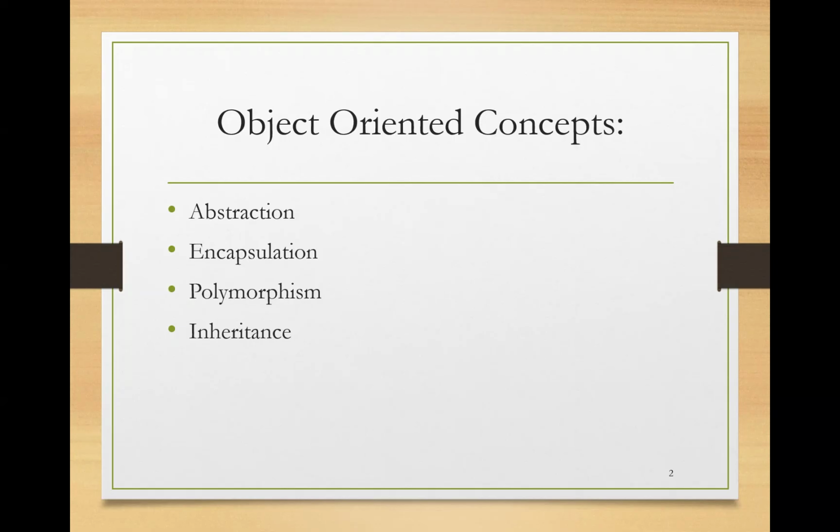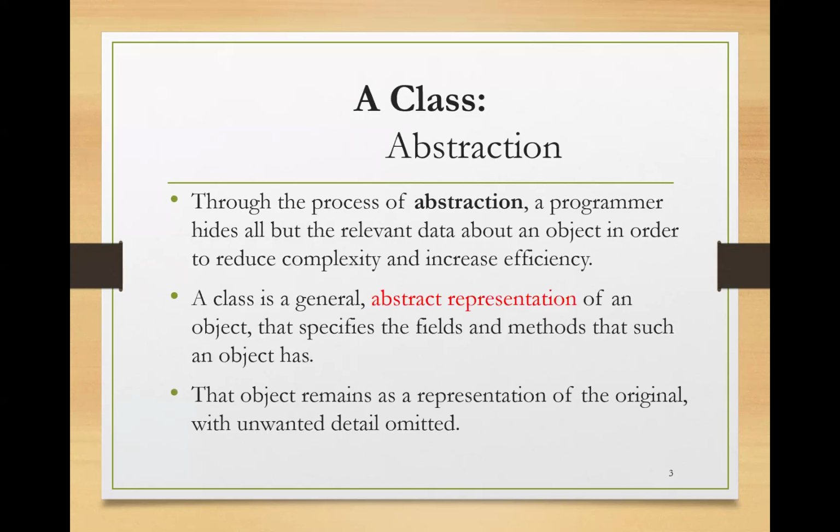Normally we put all the methods and variables inside the class declaration, so we do not display all the content to outsiders. We can display only the relevant data about an object in order to reduce complexity and increase efficiency. Therefore, a class is a general abstraction or data hiding of an object.